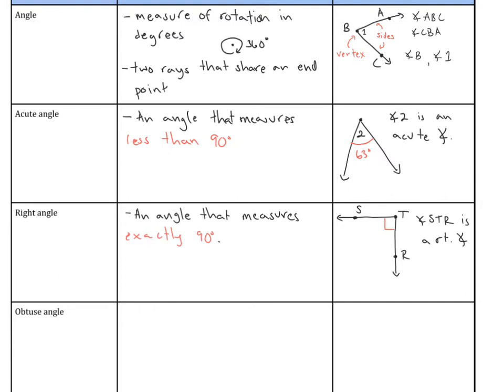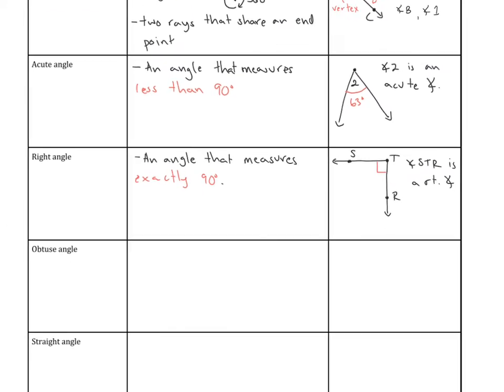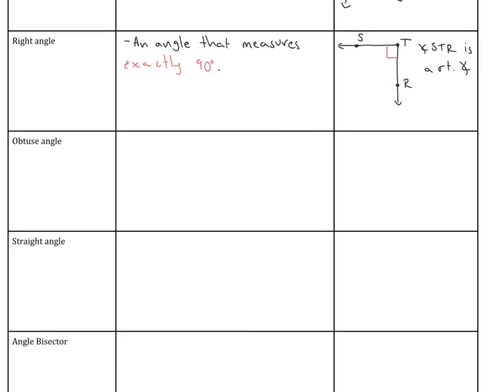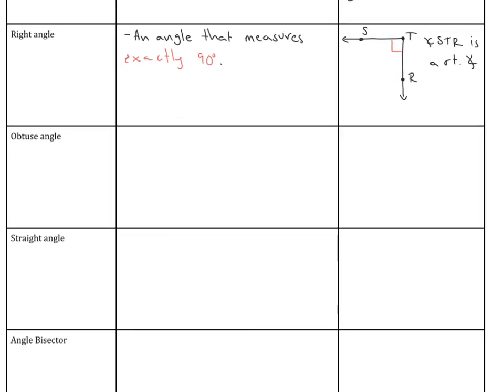And of course, if we have an angle that is exactly 90 degrees and an angle that is less than 90 degrees, well, then the last category is an angle that is more than 90 degrees, and that would be considered an obtuse angle. So let's go ahead and write that down. An obtuse angle is an angle that measures more than 90 degrees.